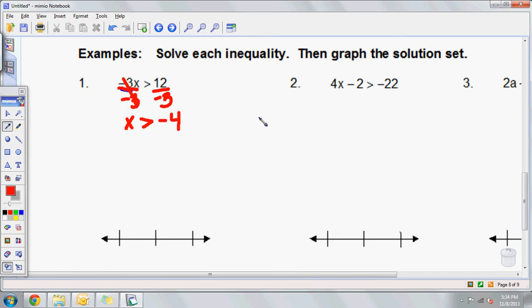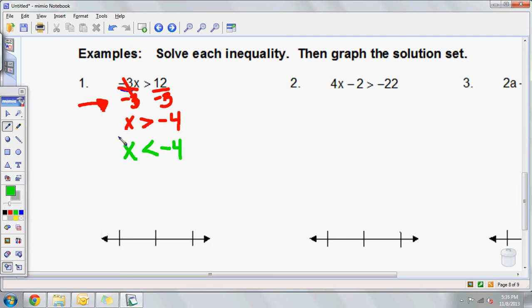After you solve inequalities, you should always ask yourself, did I multiply or divide by a negative number? And you did. We divided by a negative 3. So if that's the case, then the funky rule says that you're going to have to flip that inequality symbol. So this greater than changed to less than. That's really the only difference from yesterday and today.